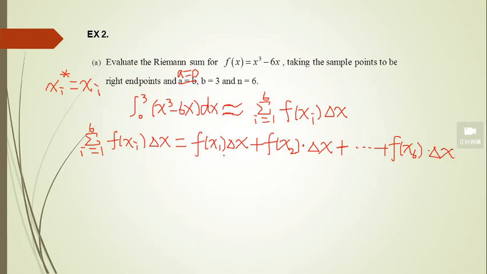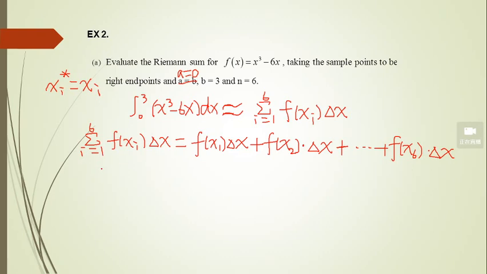So those are the rectangles: first rectangle's area, second rectangle's area, until the 6th. We are going to take the sum of all those 6 rectangles' areas. Now we need to find what delta x is, what x1, x2, x6 mean, and what the function values are. We will do a lot of calculations in this example, okay?